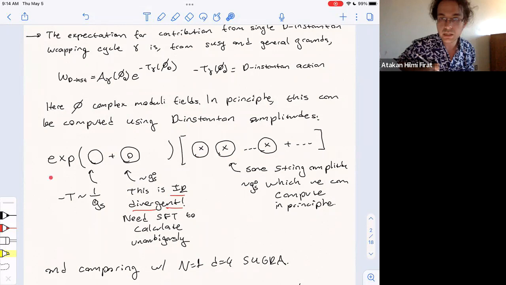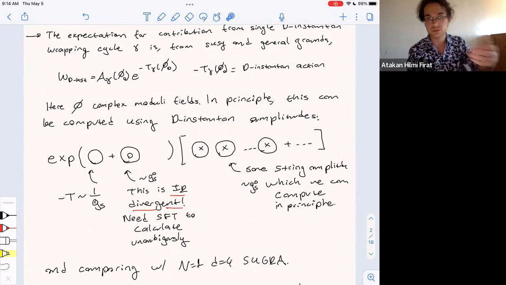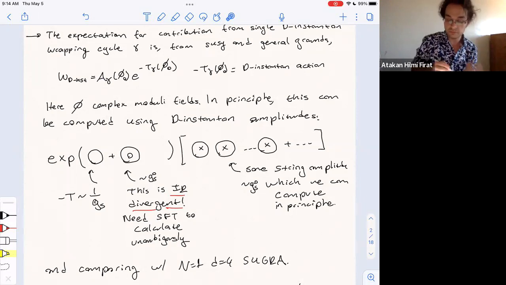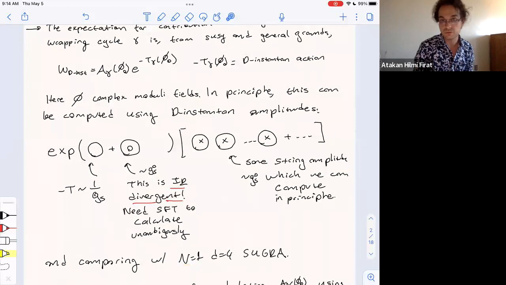And then in principle, I need to add the exponential of the bubble diagram in front because I'm going to add this to the perturbative string amplitudes. So this will give me the effective action, and that effective action should be thought of as coming from a superpotential, because after all, this is an N=1, D=4 setup.